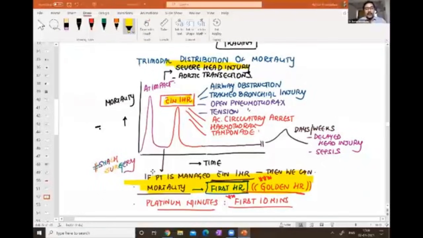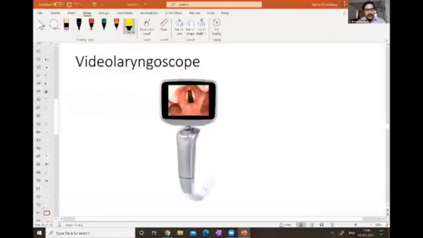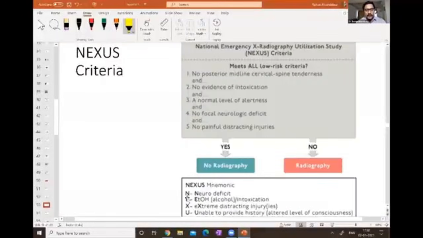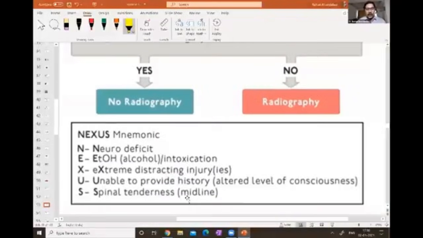You should know that the cervical spine is very important. Cervical spine management is very important in a trauma patient, and we follow the NEXUS criteria for the cervical spine. The mnemonic for the NEXUS criteria: N is for neurological deficit, E is for alcohol intoxication, X is for extreme distracting neck injuries, U is unable to provide history or unable to speak, and S is spinal tenderness.